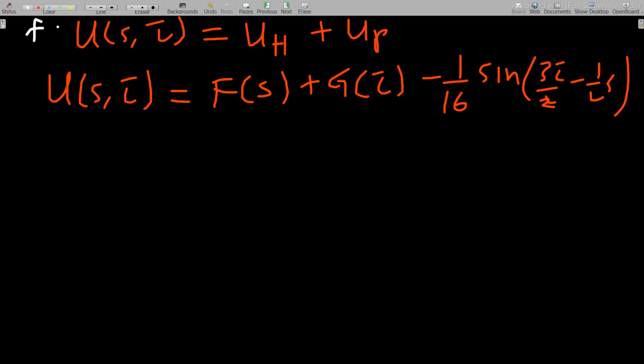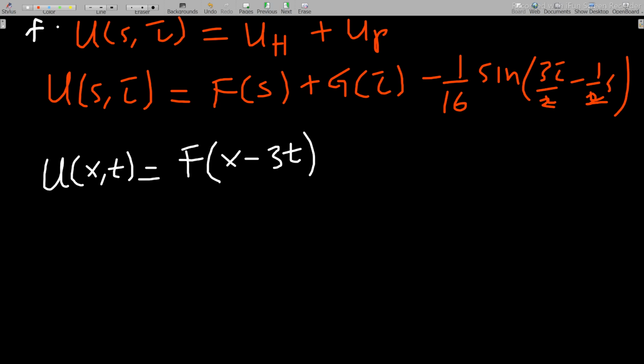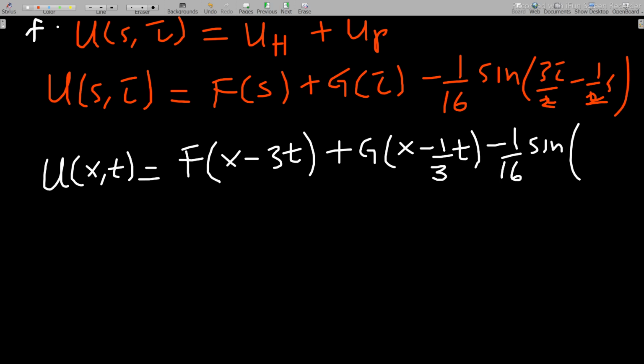So this simply means that u of x t is equal to capital F of, now F of s is giving us x minus 3t, that's my x, plus g of tau, which is x minus 1 over 3t, minus 1 over 16 sine of, now what is 3 tau over 2 minus 1 over 2s?